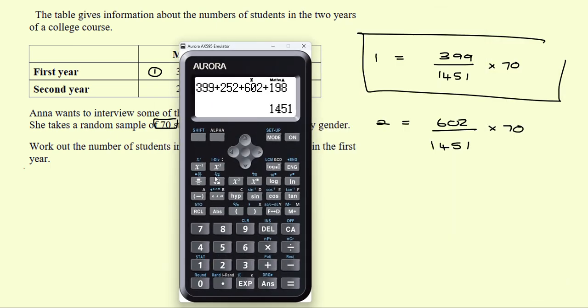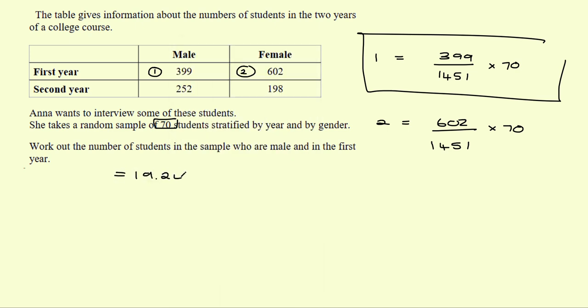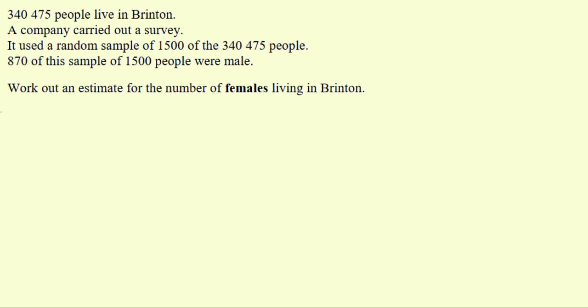So 399 over 1,451 multiplied by 70 gives us 19.24. So 19 students. And we're keeping it in the same proportion as the male first years are of the whole population.